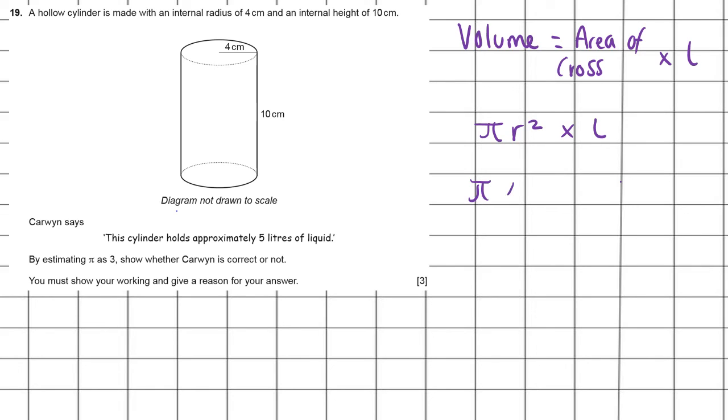So pi times 4 squared times 10 gives us 480 centimeters cubed, which holds 0.48 liters. So therefore she is wrong.